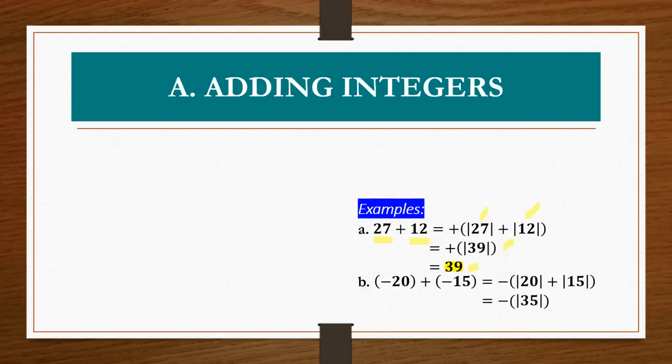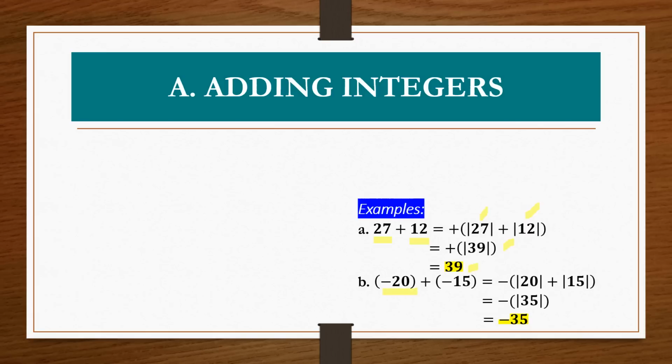When we add that, we will come up with 35, but we still have the negative sign outside our parentheses. And using our rules in absolute value, since the negative sign is outside our bars, the answer is negative 35.